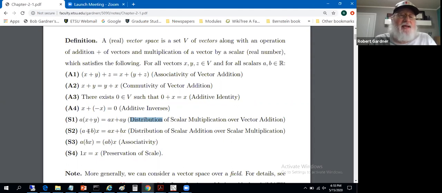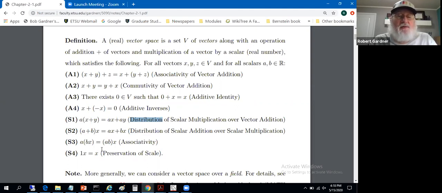Here we've got scalar addition and scalar multiplication. a plus b, scalars, times vector x equals vector ax plus vector bx. Here we're distributing the scalar multiplication over the scalar addition, stated somewhat differently here though, but it's a distribution. We've got two operations, and the multiplication is distributed over the addition. Multiplication is of scalars and addition of scalars.